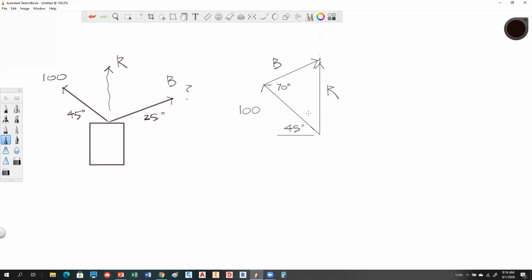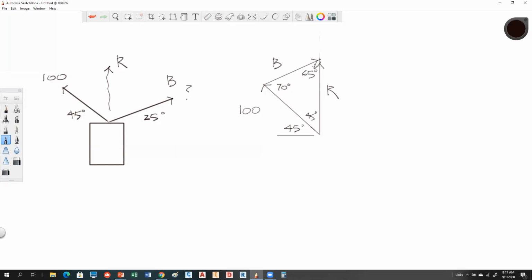And since this is 45, that has to be 45, because we know that that's straight up. That's the direction that the car is going to go. Does everybody follow me so far? Okay. So if we add these two together and subtract that from 180, we can get an angle here, which gives us 65 degrees.